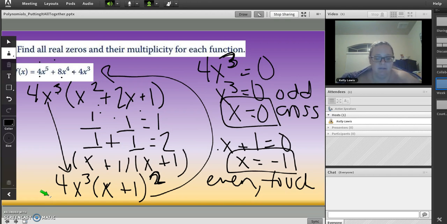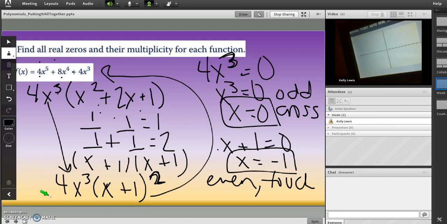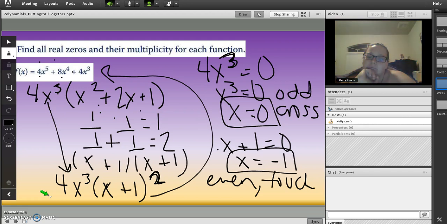4x to the fifth, bring it down. It's 4x cubed. All right, and so I typed it into y equals. There it is. Let me zoom in a little.